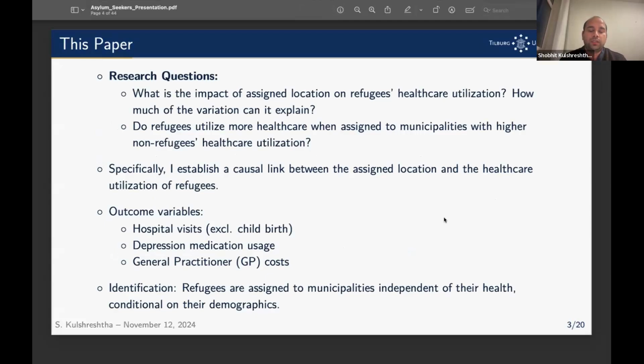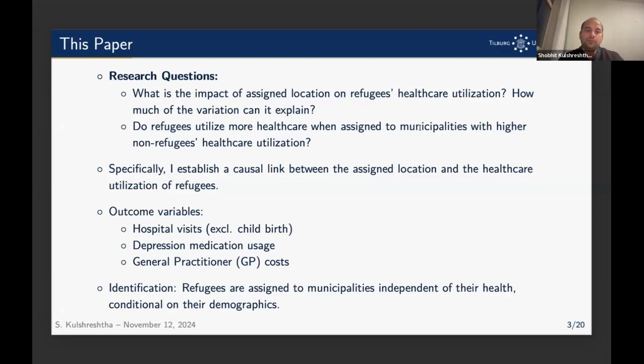And the second question is, if a refugee is assigned to a location or a municipality where the healthcare utilization among non-refugees is high, then how does it affect their own healthcare utilization? So the idea is to basically estimate a causal link between the location to which these individuals are assigned and the healthcare utilization of refugees.